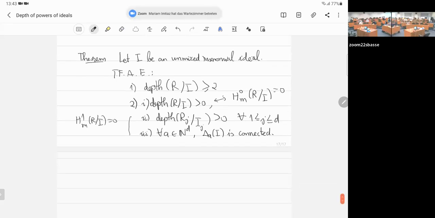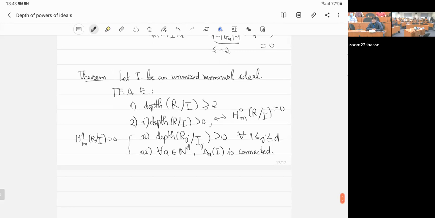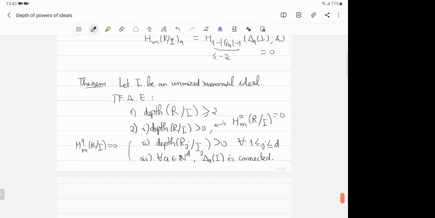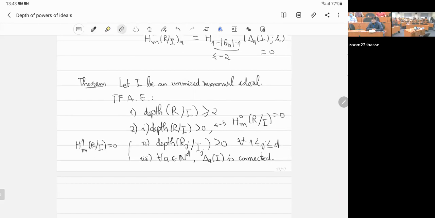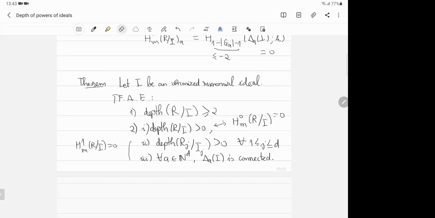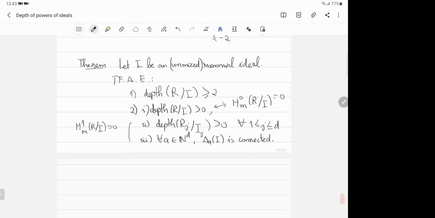But what is the role of unmixedness here? Basically, this result is derived from Takayama and the above explanation. So what is the role of unmixedness? Actually, you don't need unmixed here. If you want, you can erase it. In this result, I don't really need unmixed.